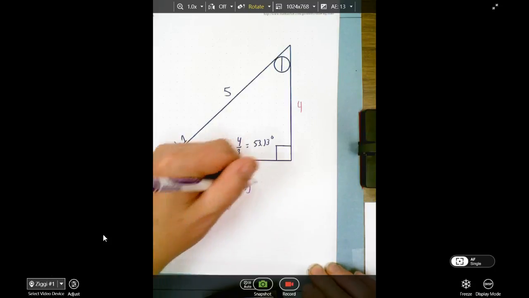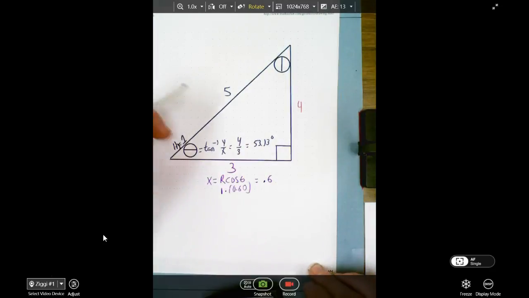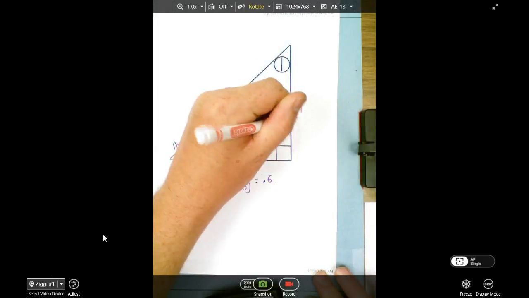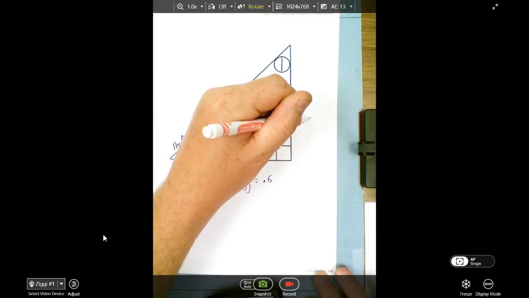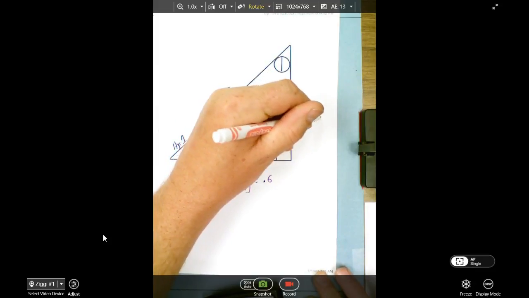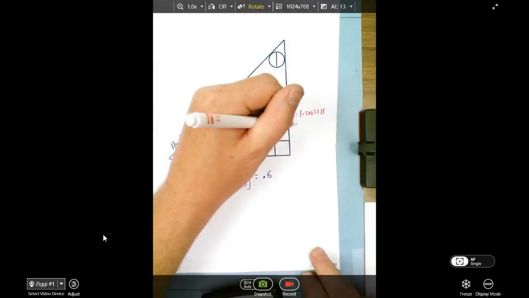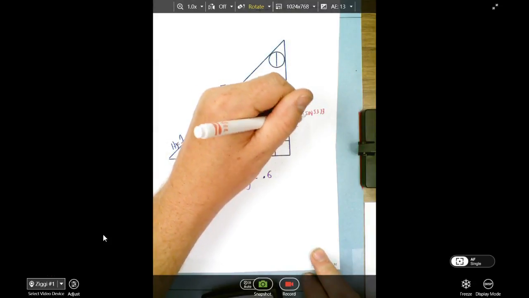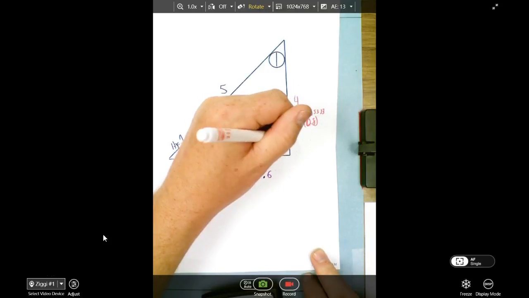So x is basically equal to 0.6 of the units. Now I can do the same thing for my friend y here and say y is equal to 1 times the sine of 53.13. So when I say sine 53.13, I get basically y equals 1 times 0.8, or y equals 0.8.